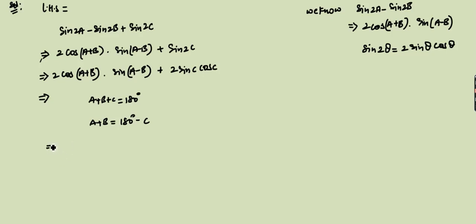So 2 cos. So students, in place of A plus B, we can write it as 180 minus C into sine of A minus B as it is, plus 2 sine C cos C.